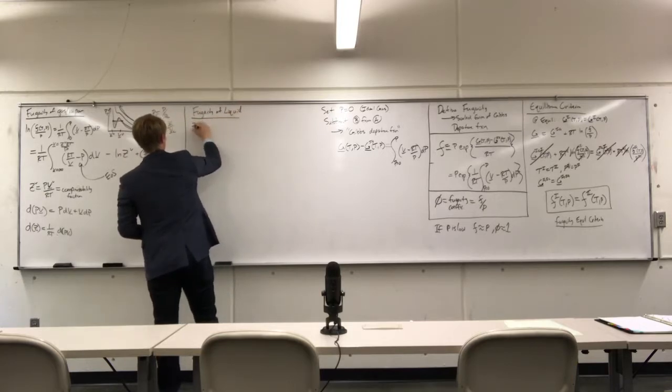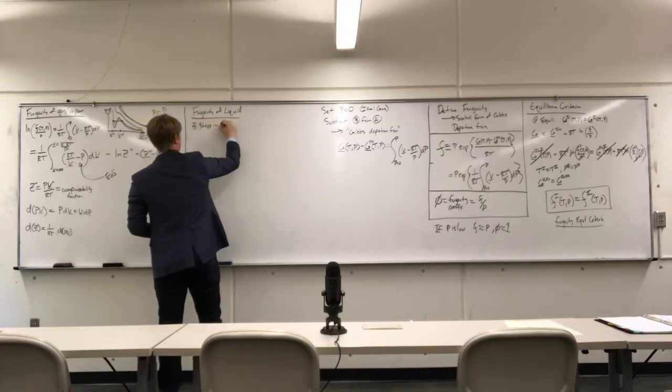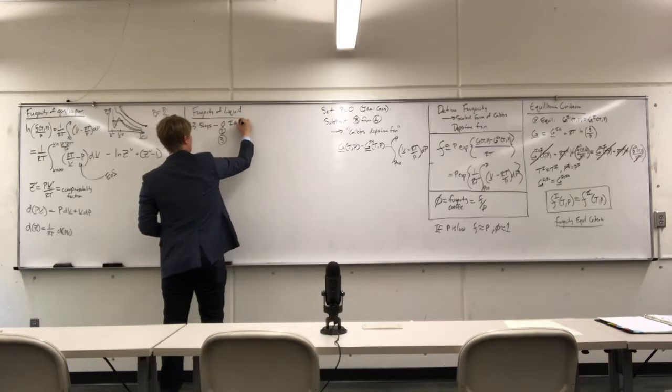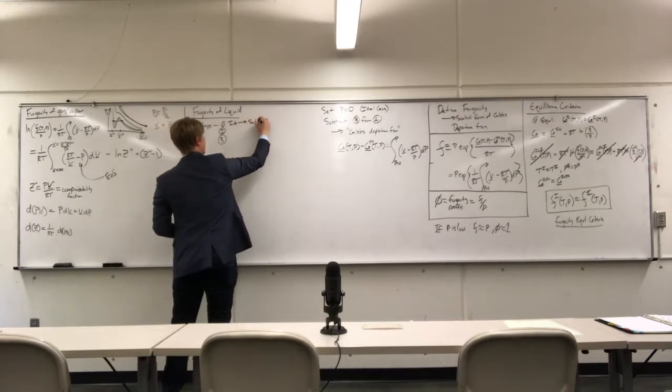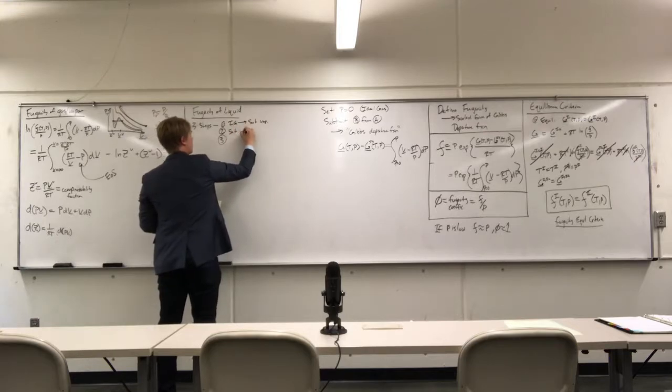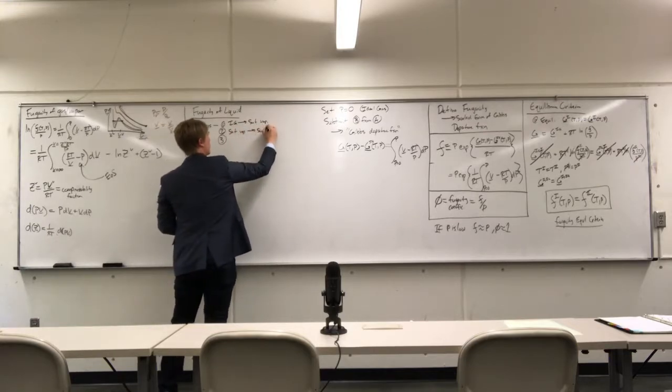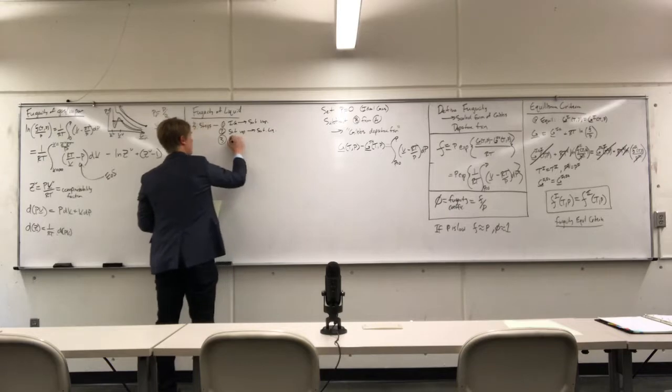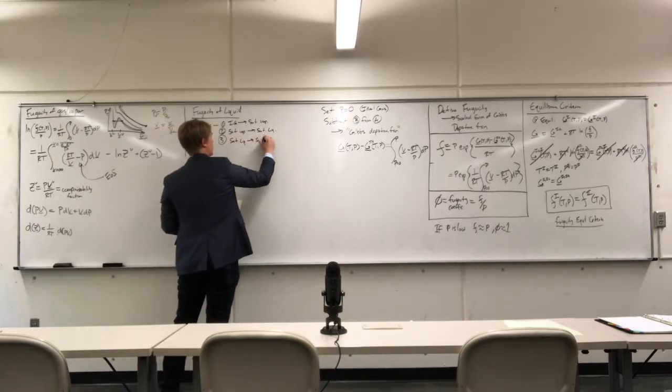So three steps. We go from the ideal gas state to saturated vapor, then from a saturated vapor to a saturated liquid, and then finally from a saturated liquid to a subcooled liquid.